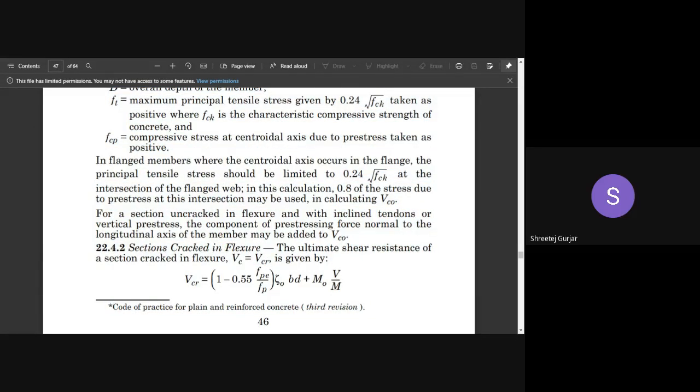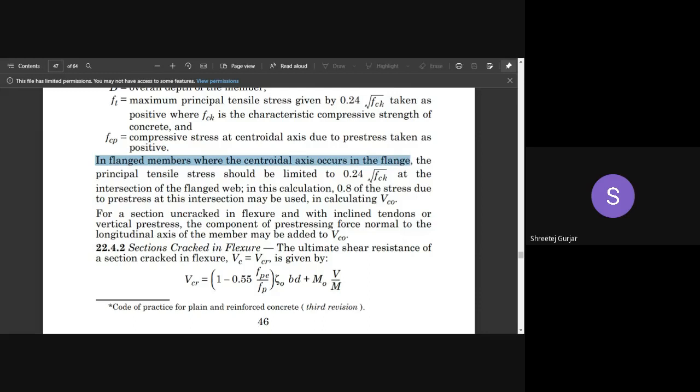At the intersection of flange and web, in this calculation, 0.8 of the stress due to pre-stress is used. This statement is not very important; you can skip it. But remember, when dealing with flanged members, the centroidal axis will usually be in the web.